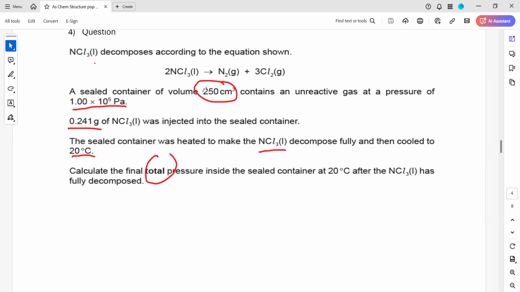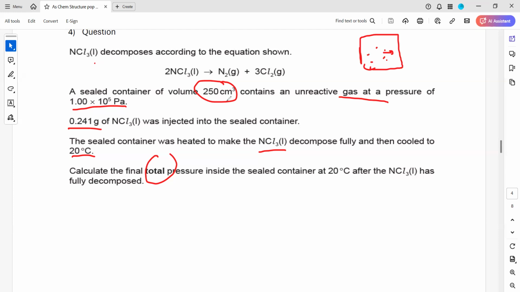So first, we should know the moles of NCl3, because when it decomposes, it will give nitrogen. Initially, unreactive gas was there at a pressure of 1 × 10^5. So in the container, there is already a gas present, which was causing a pressure of 1 × 10^5 Pascal.